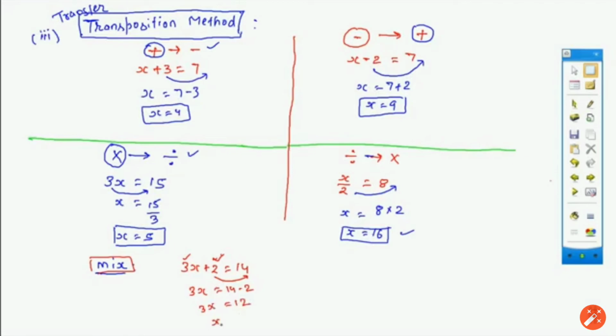Now it is in multiplication form. So x is equal to 12 by 3 is equal to 4. Is it clear? This is how we use the transposition method.